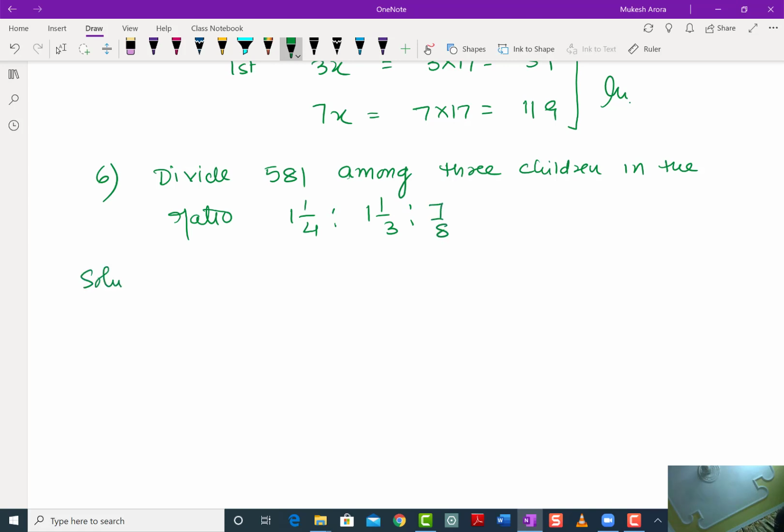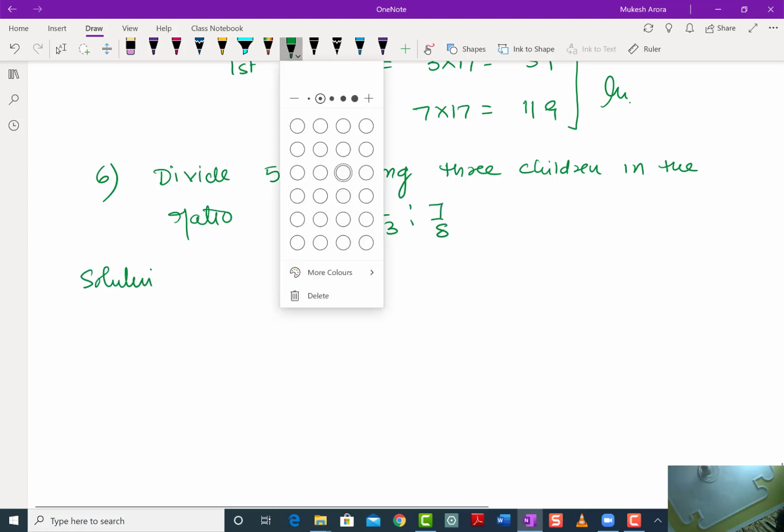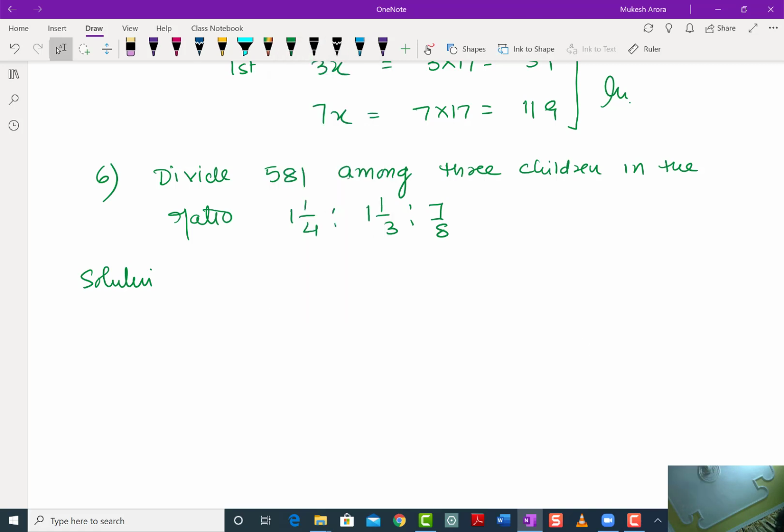So again it's very simple. So what we'll do, it will be 5 by 4 x plus 4 by 3 x plus 7 by 8 x is equal to 581.